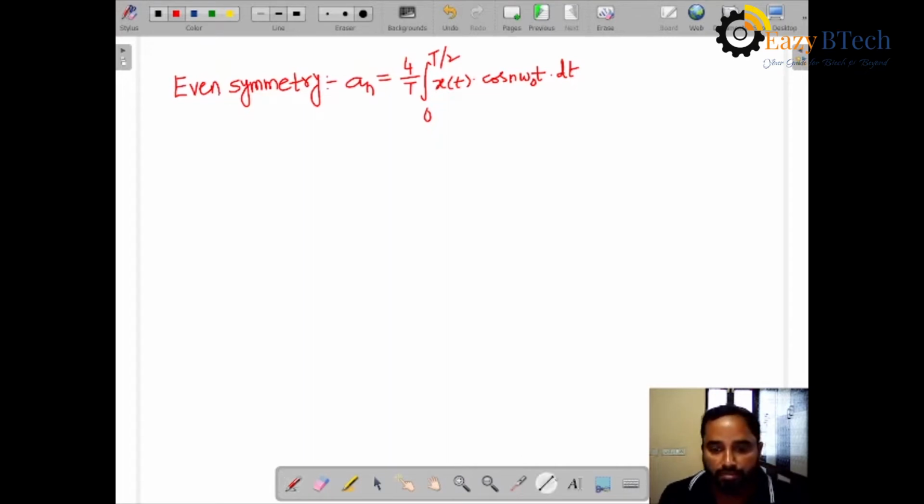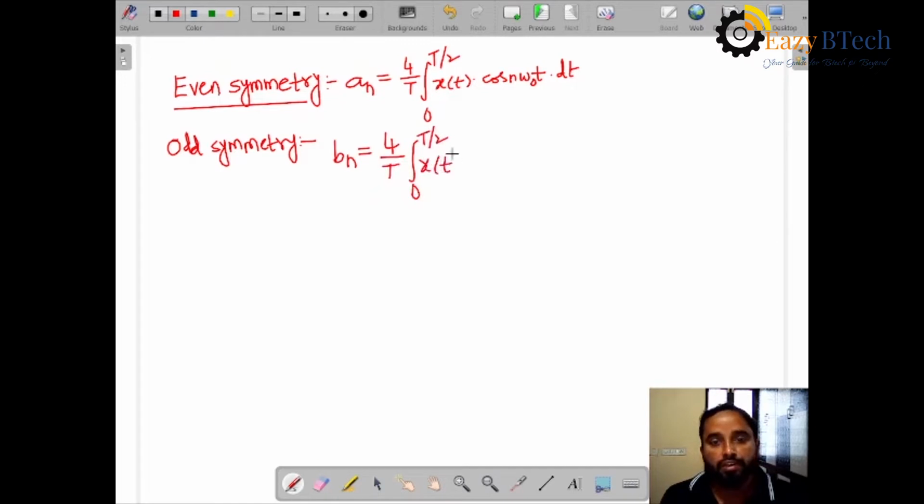Now in case of odd symmetry, what will be the coefficients bn? In case of odd symmetry, the Fourier series coefficient bn is equal to 4 by T, integral 0 to T by 2, x of t into sin n omega naught t dt.